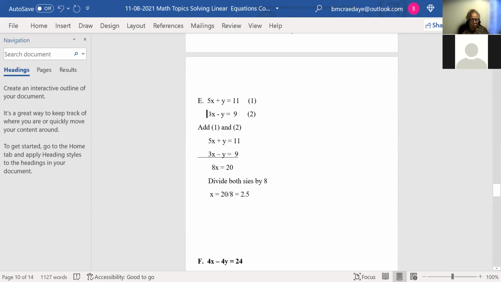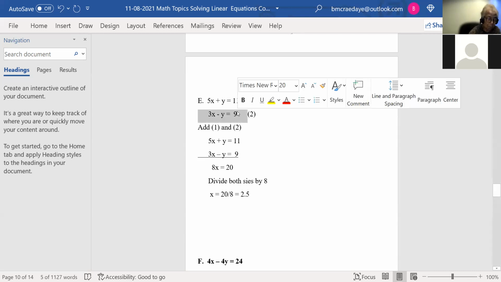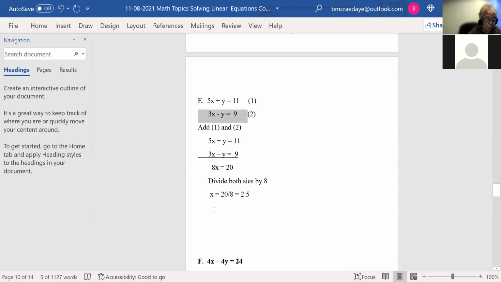Okay, so let's take 2. Substitute 2.5 for x.